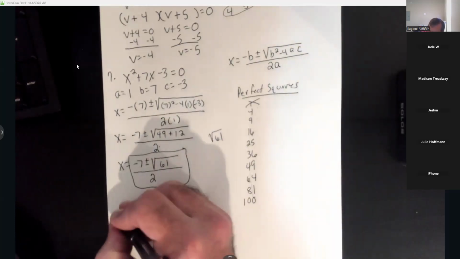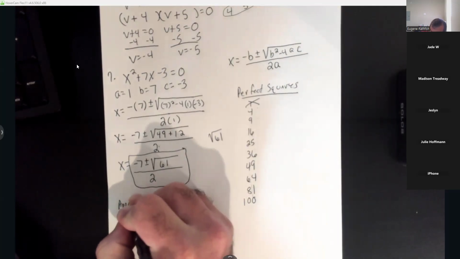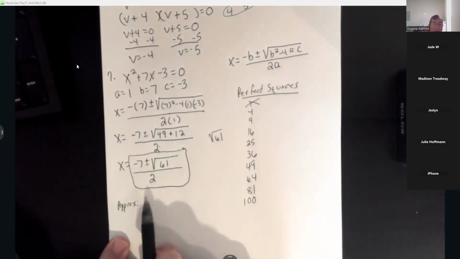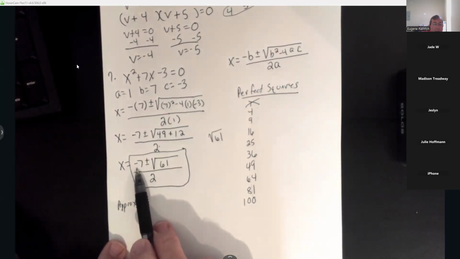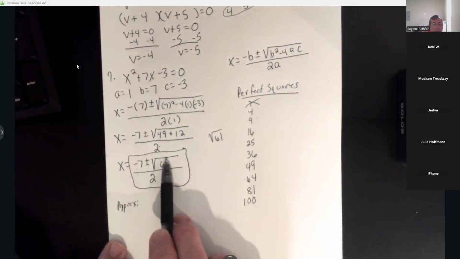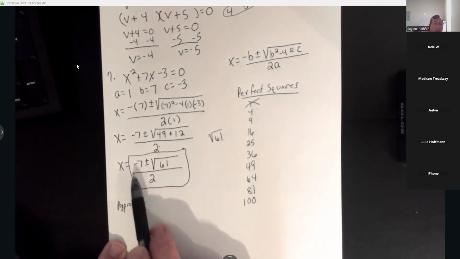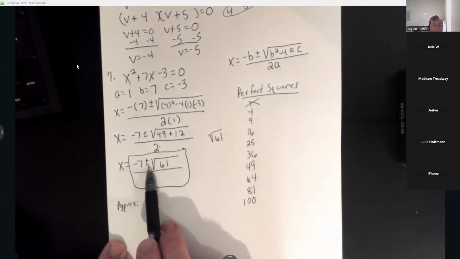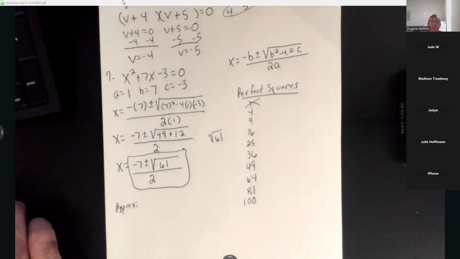Now, to get my approximations on the calculator, I would do -7 plus square root of 61 divided by 2, and then I would do -7 minus square root of 61 divided by 2. So y'all let me get my calculator to see what those are going to equal.